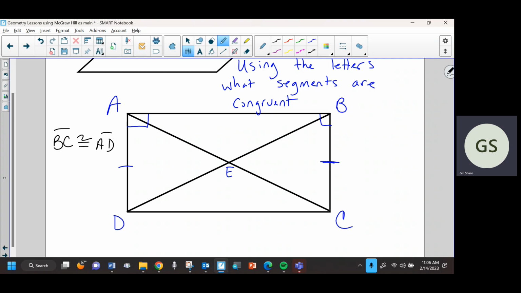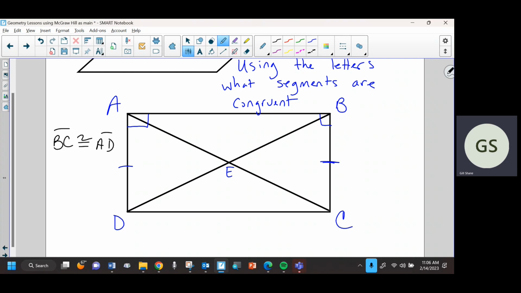There's something you could say about BE is congruent to what? Well, C is just a letter. BE is a line segment, so what segment would that be congruent to? This is why I need you in class.